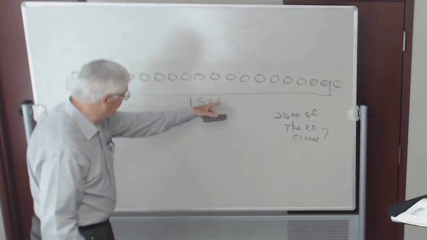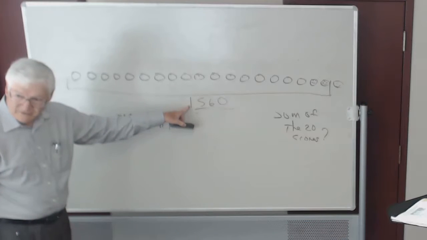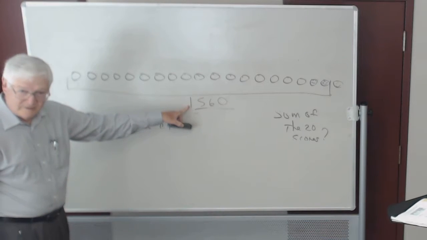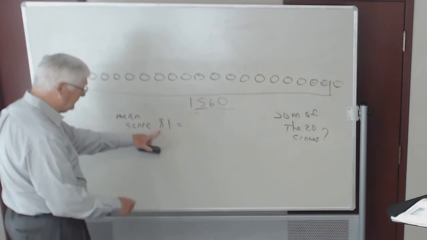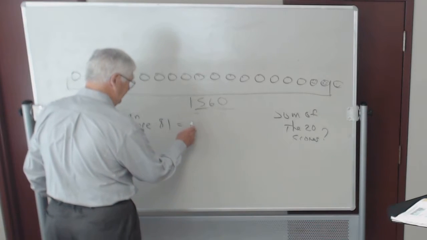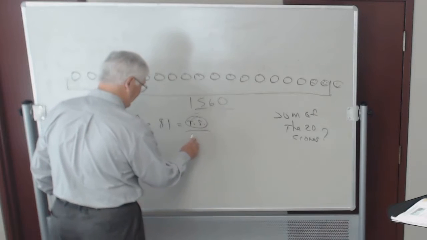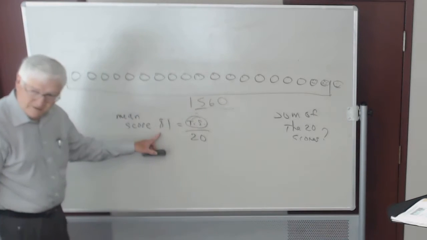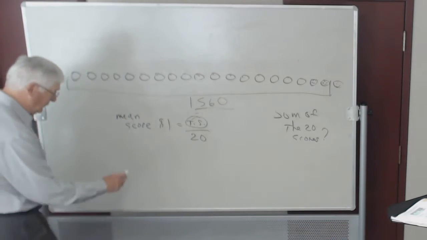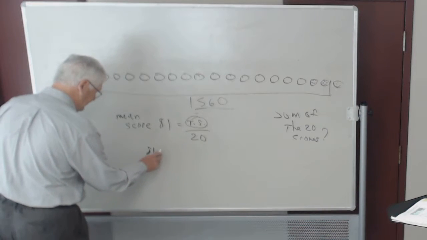The sum of the 19 scores was 1,560. The mean score of 81 means the total sum divided by 20 equals 81. So the total sum is 81 times 20.